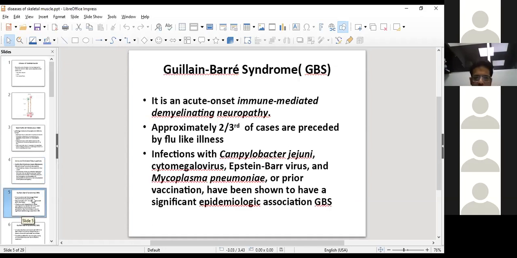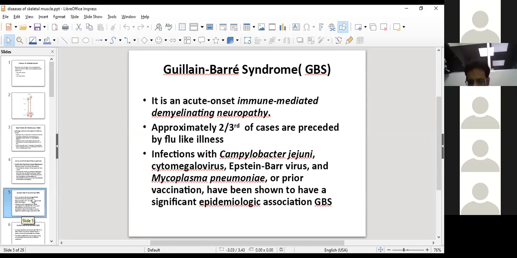GBS is an acute onset immune-mediated demyelinating neuropathy, and approximately two-thirds, around 70% of the cases, are preceded by a flu-like illness. Infections with Campylobacter jejuni, CMV, Epstein-Barr virus, Mycoplasma pneumoniae, or sometimes a history of prior vaccination one or two weeks before the onset of GBS.